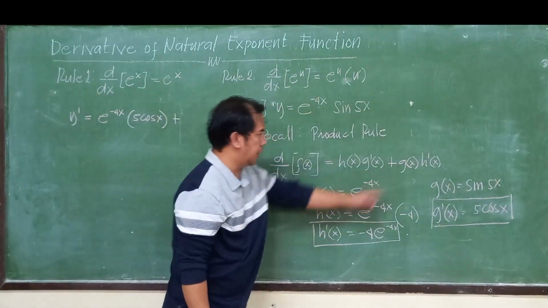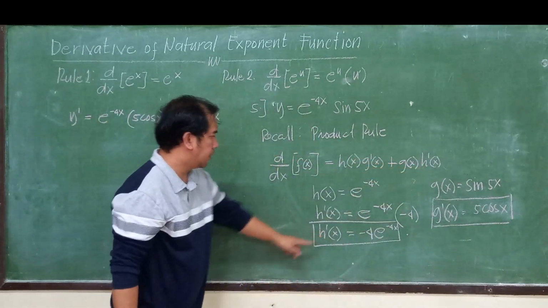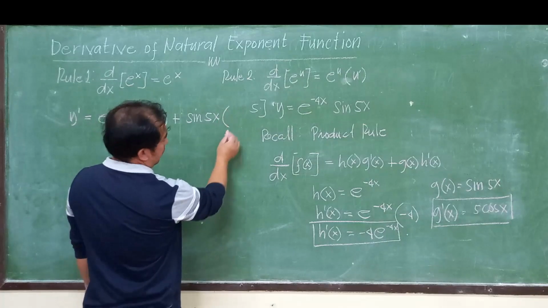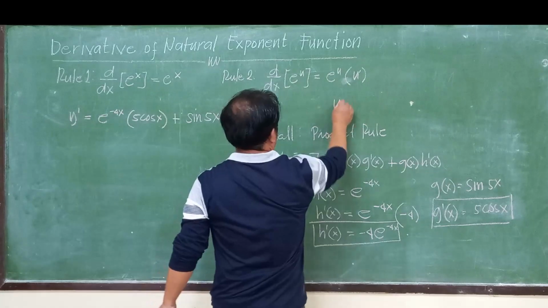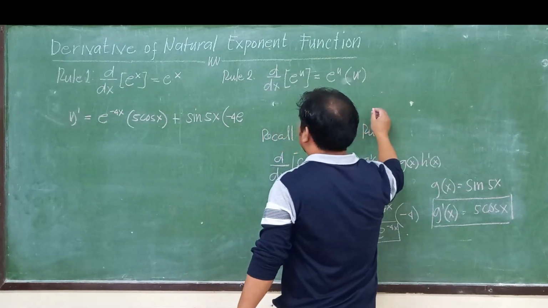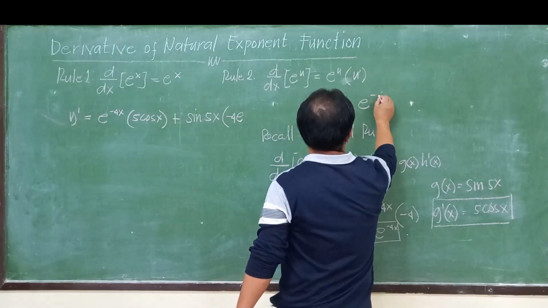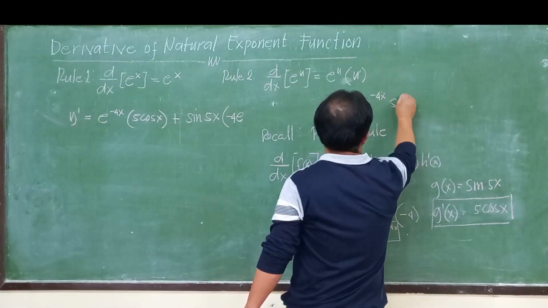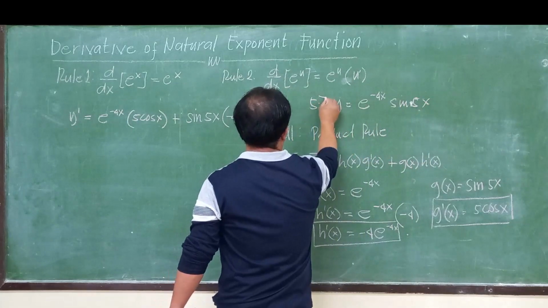Our g of x is sine 5x multiplied by h prime, which is negative 4e raised to negative 4x. So that is for number 5.